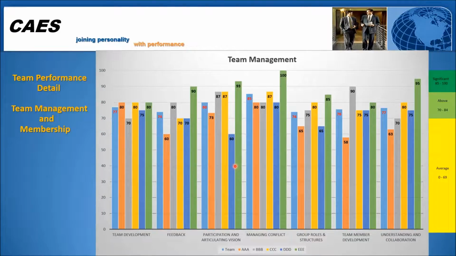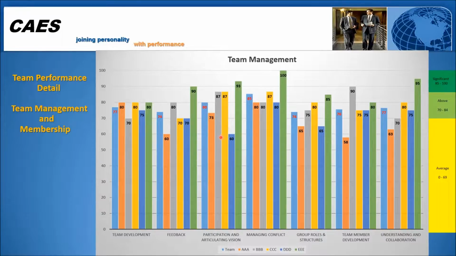So what we're seeing here is that definitely we've got strength in most of our members there, but member D needs to have more insight into their need to not only discuss, if they're in a team manager's role, their vision and direction of where the team is headed, but actually to participate in the process.